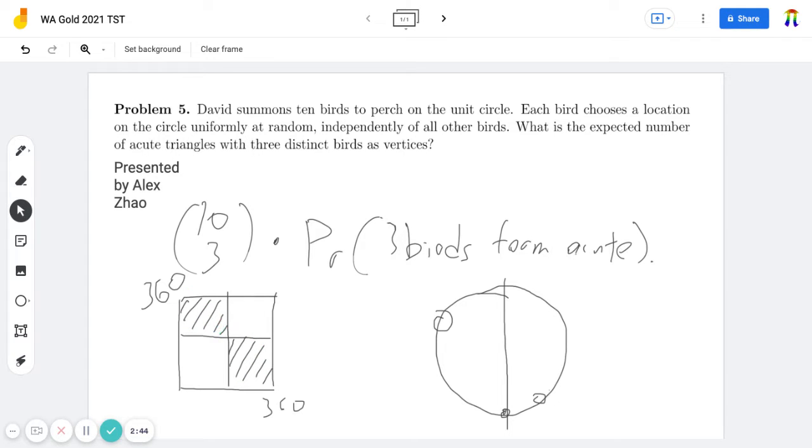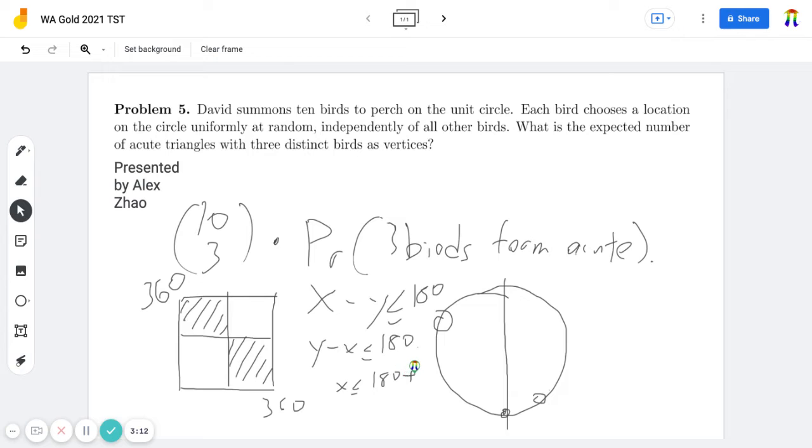And then the probability that their difference is at most 180. Well, then we get either x minus y is at most 180 and y minus x is at most 180. So you can rewrite these equations to x is at most 180 plus y.